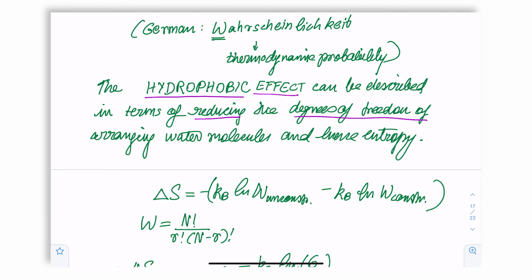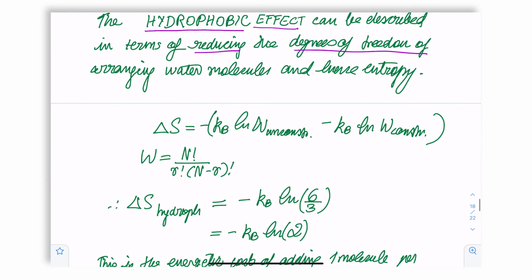W, by definition, is factorial n divided by factorial r, and in the denominator, n minus r factorial. This is how we had described a combination earlier. Delta S hydrophobic then becomes minus kB into ln 6 by 3, 6 being the edges and 3 being the constrained edges.